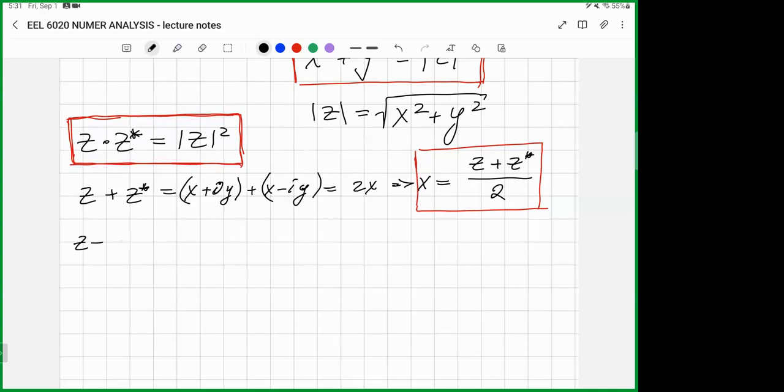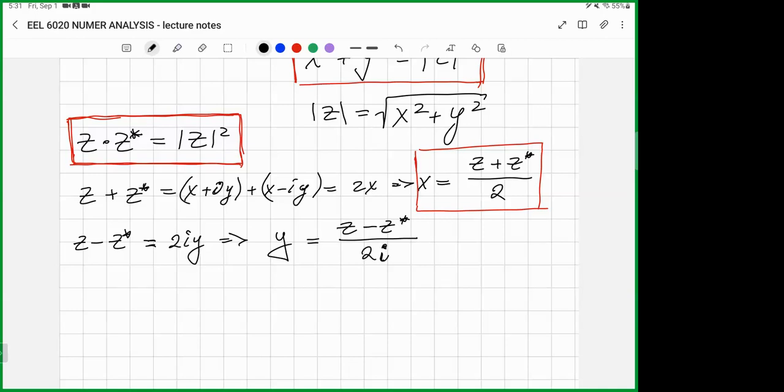What would we get if we subtract that? z minus z star. Of course, we get 2iy, and we conclude that y, which is the imaginary part of the complex number, is given by z minus z star over 2i.